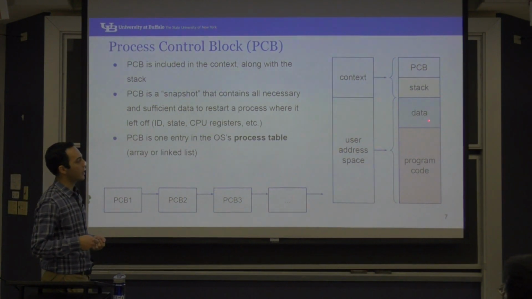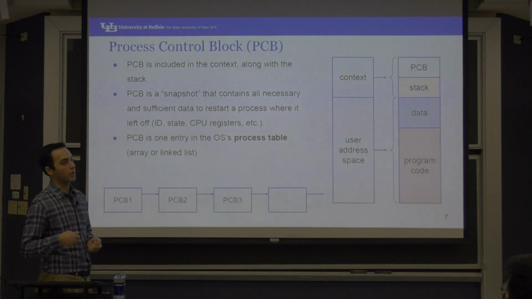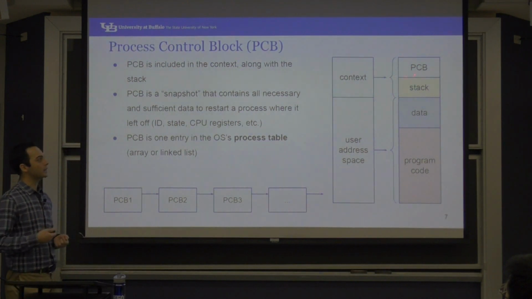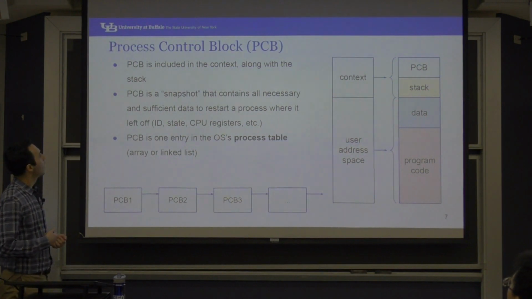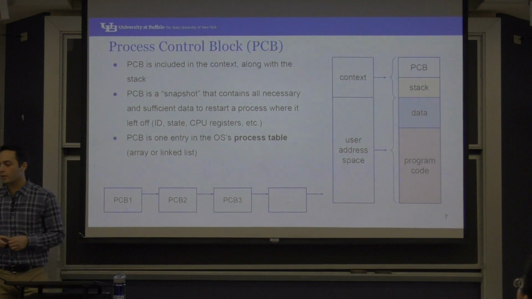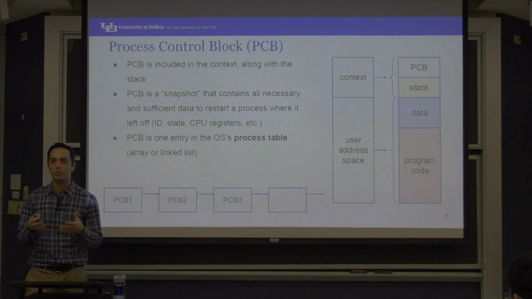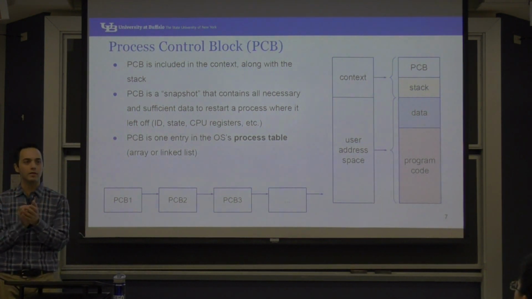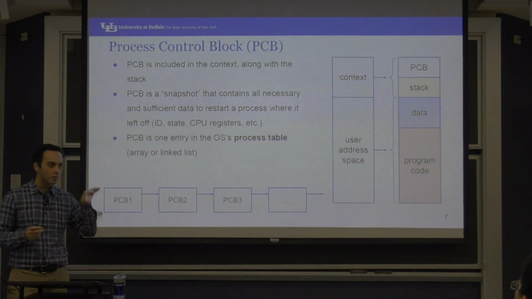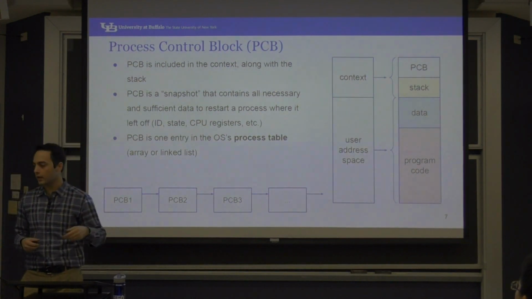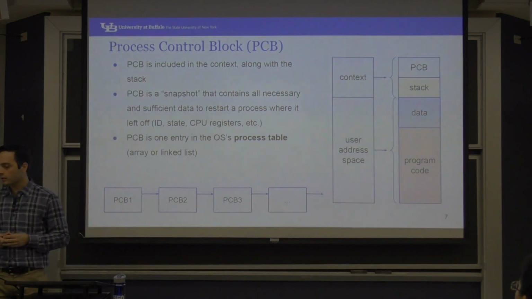Again, it has access to data and the program code itself. The context consists of the PCB, which is the process control block, and a stack, which it just uses during the execution. The PCB is a snapshot of information needed for that process. Basically, it defines the process when you look at it as an observer. You can read those and say, okay, this is the state of it.